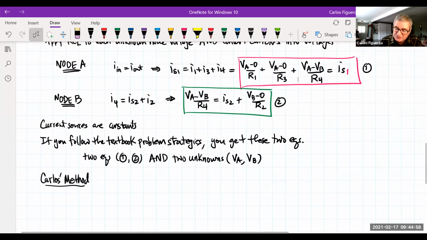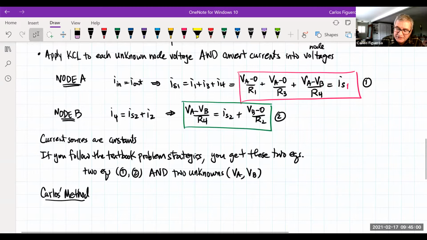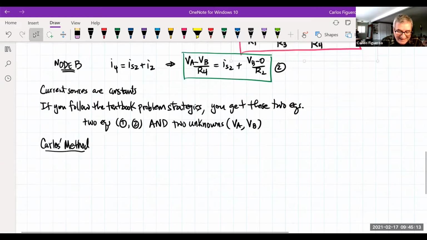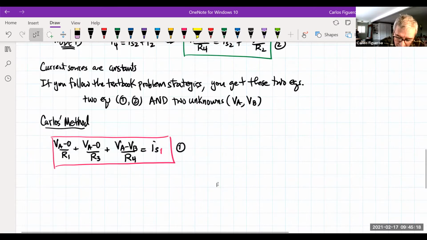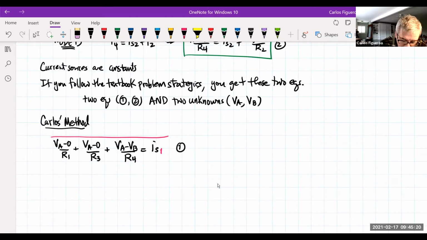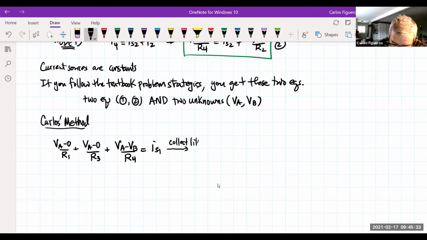Now let's look at this first equation right here. You could see that I have variables VA and VB. So let's write that out. I'm going to take this equation and bring it down so you could see that I'm not changing anything. Here's this equation right here, but I'll take the box out because I don't want the box. But this is really the equation right here. Now I'm going to collect like terms.